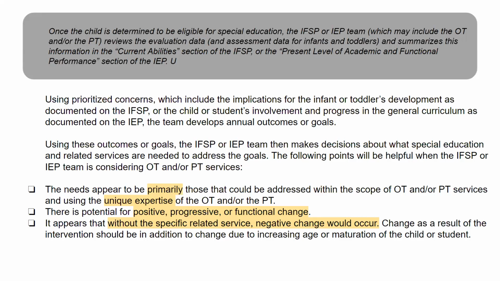Then it appears that without the specific related service, a negative change would occur. So we have to make sure that it is so critical that without this related service of occupational therapy and physical therapy, a negative change would occur. The student would regress, or there would be a health and safety concern, or something related to that.